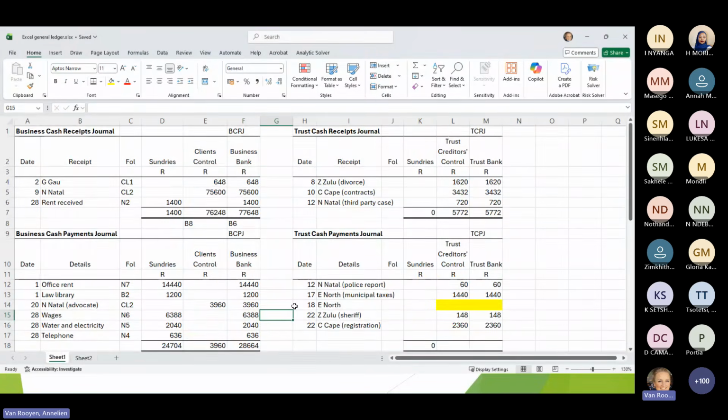This is not a trust account, so the folio will be trust creditors control, trust creditors ledger. Let's put this as T2, TCL3, and TCL4.